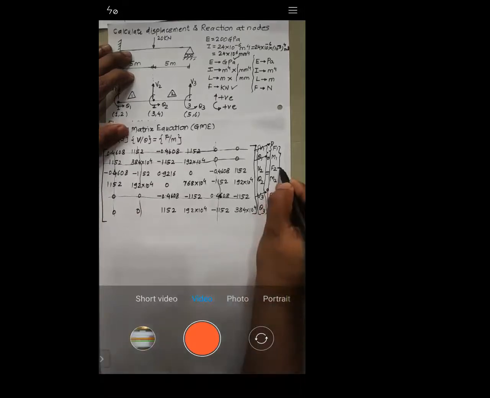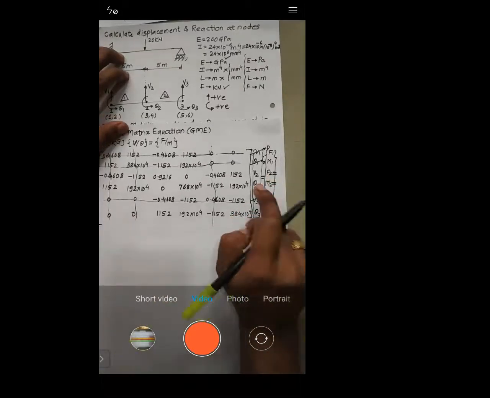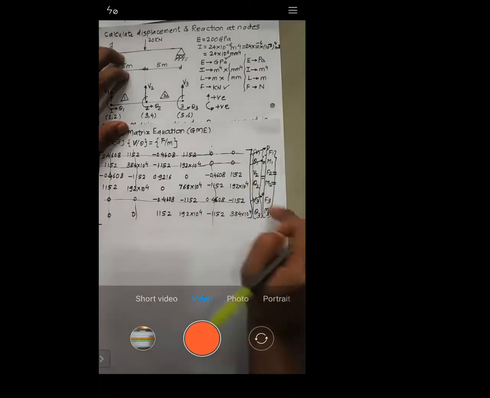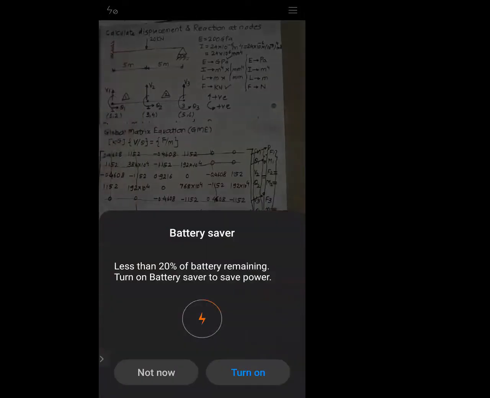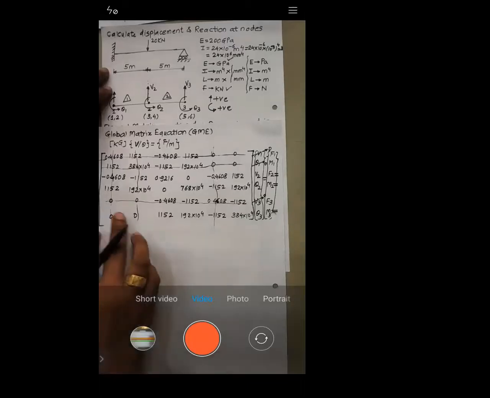Provided we know F2, M2, and M3. Unless you put F2, M2, and M3, you won't be able to calculate V2, theta 2, and theta 3. Now tell me what is F2?